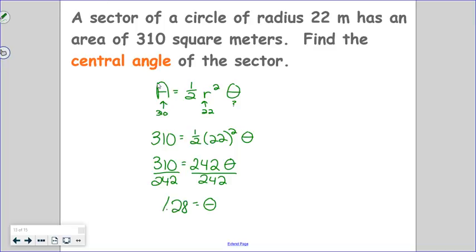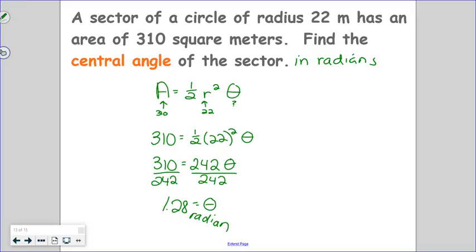Okay, now this is an incredibly important question. 1.28 what? What would I label that number? Radians. It's theta, right? And if I just got theta out of my equation, it is in radians. And so on a question like this, we would pay attention to, maybe it's followed up with find the central angle of the sector in radians.